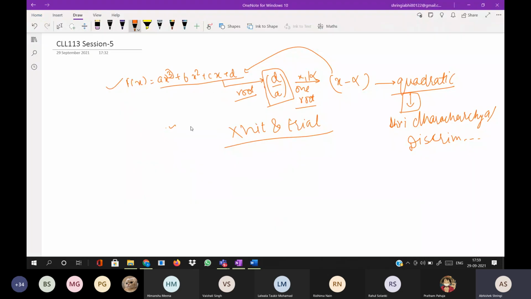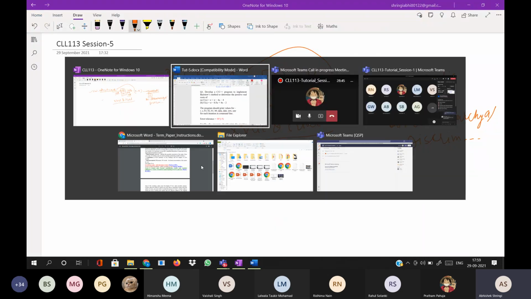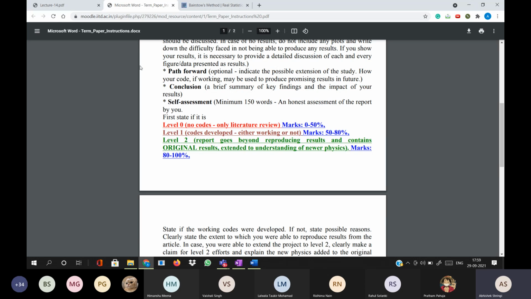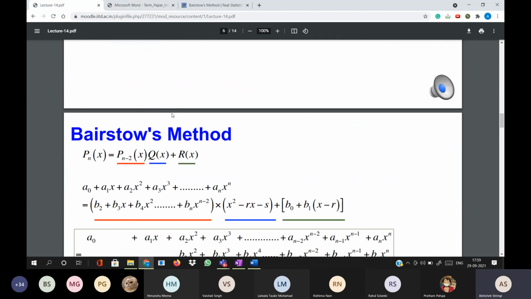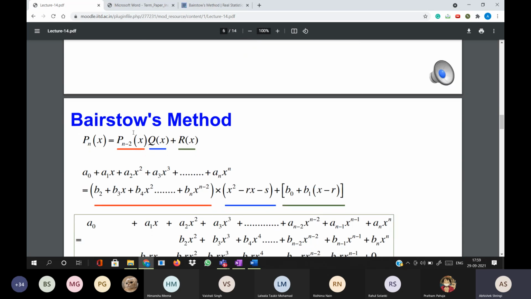So let me show you here. Basically the given polynomial, a 3-degree polynomial, is split into a linear polynomial and a quadratic polynomial. This is nothing but the remainder theorem, which all of you are aware of.